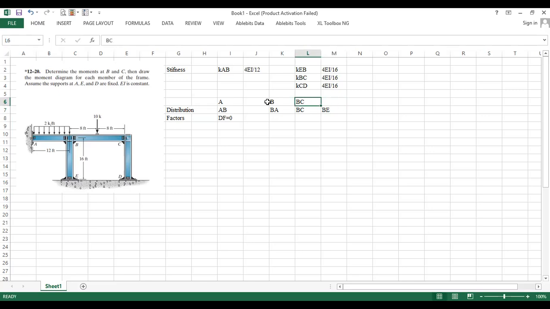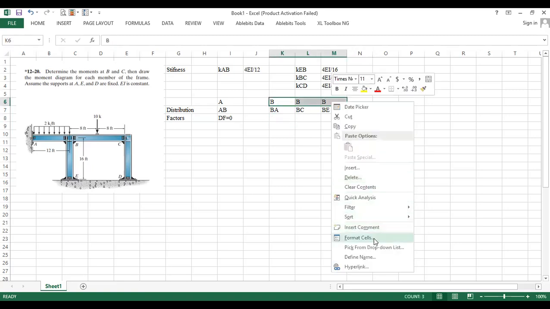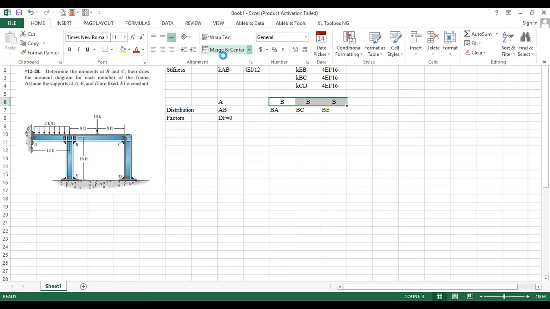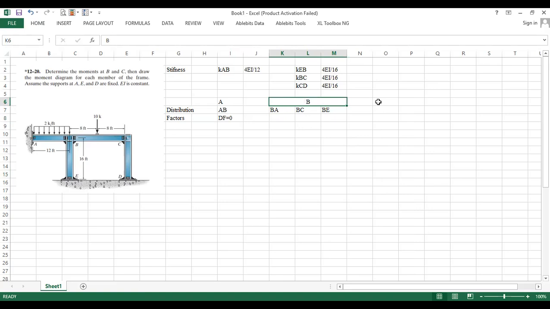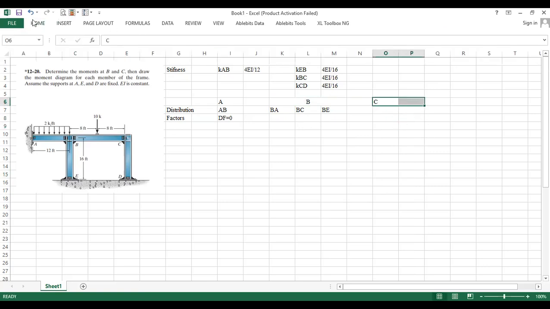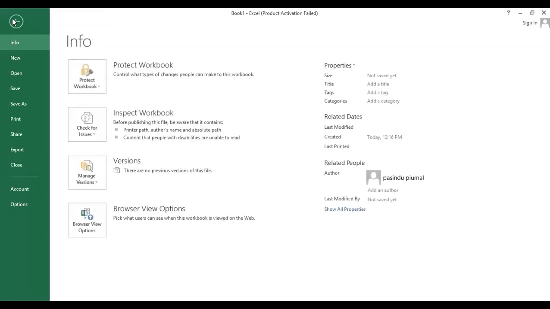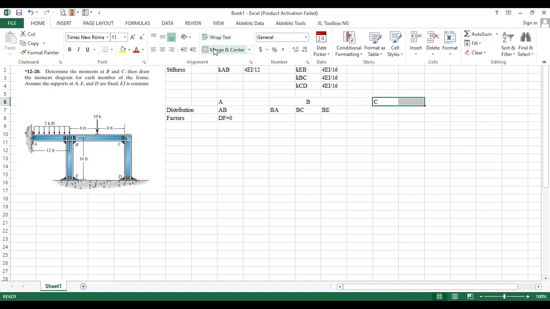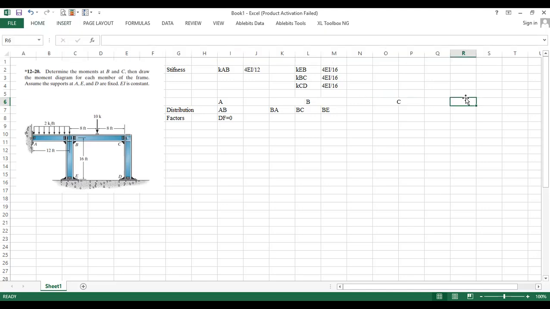These are all at B. You have 3 members at B. I will merge this. And also you have 2 members at C. And 1 member at D and E.